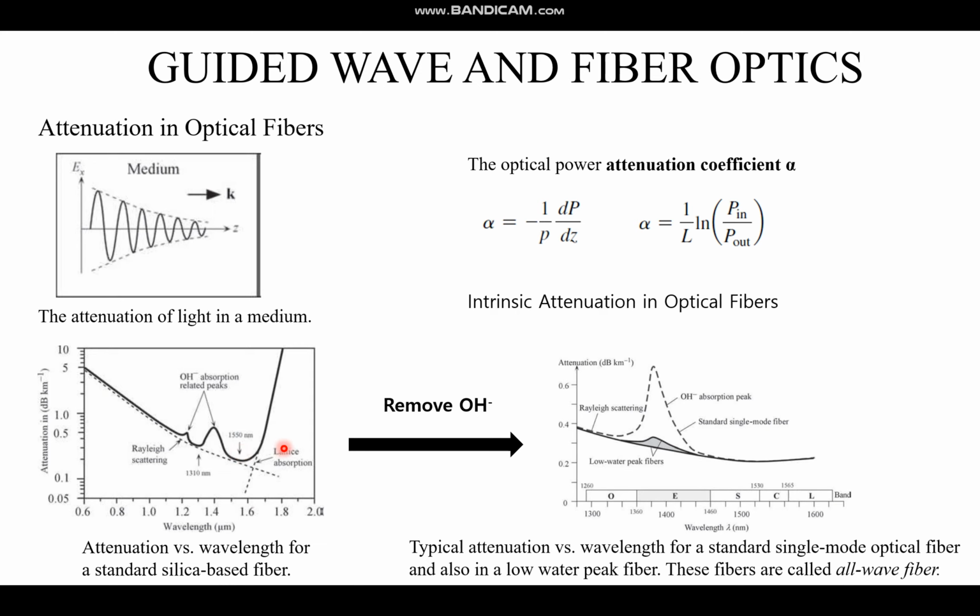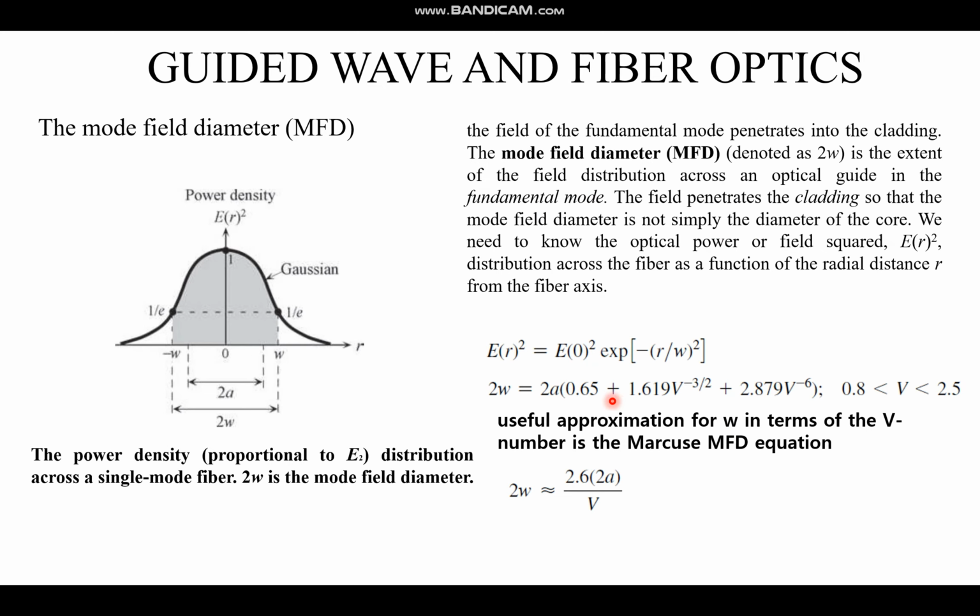If we remove the OH minus, we can make the O band, E band, S band, C band and L band windows over a very wide range of wavelengths. We can make a communication system using optical fiber.